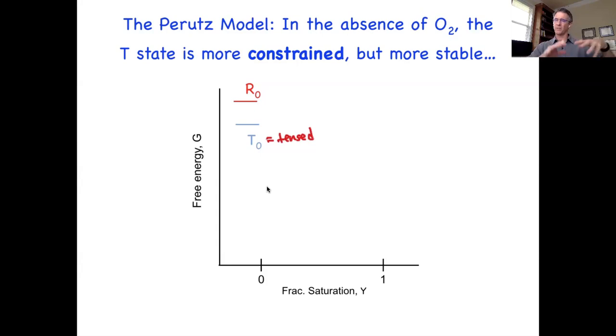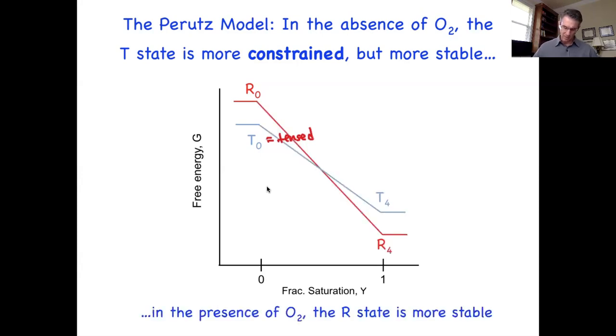But there's still this stored energy in the structure of this molecule that can be used to enhance binding. And that's the idea, that once oxygen binds, the relative stabilities flip, right? And in the presence of lots of oxygen, the R state now is significantly more stable than the T state.